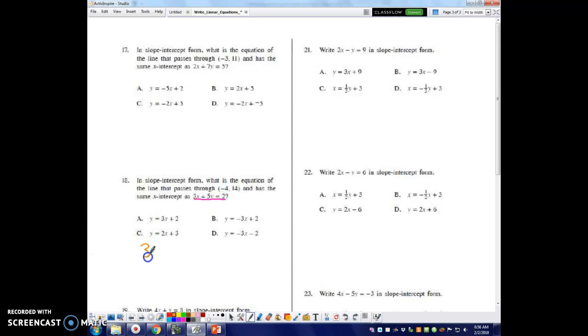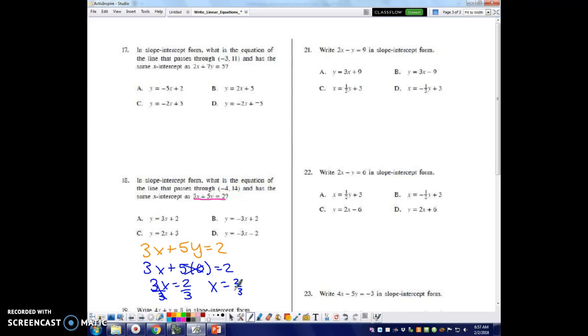Okay, so look at this. They give you this equation, 3x plus 5y equals 2. And in order to find the x-intercept, make y 0. So we're going to retype it, 3x plus 5 times 0 equals 2. So 5 times 0 is what? Just 0, so it goes away. So we have 3x equals 2. Divide by 3. X equals 2/3.